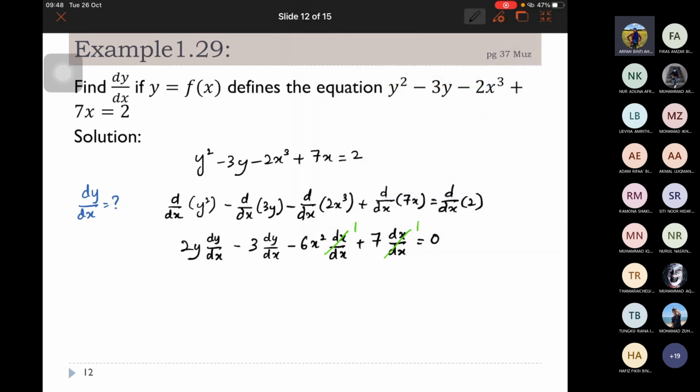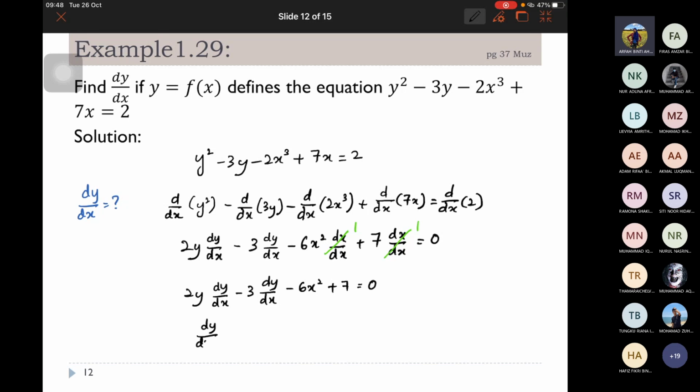By which dia sebenarnya sama dengan 2y dy over dx minus 3 dy over dx tolak 6x kuasa 2 tambah 7 sama dengan 0.